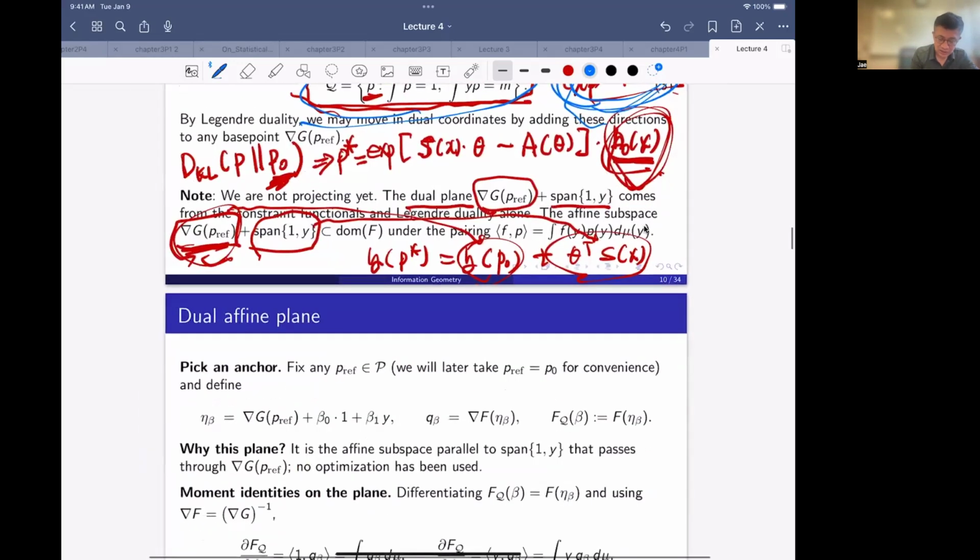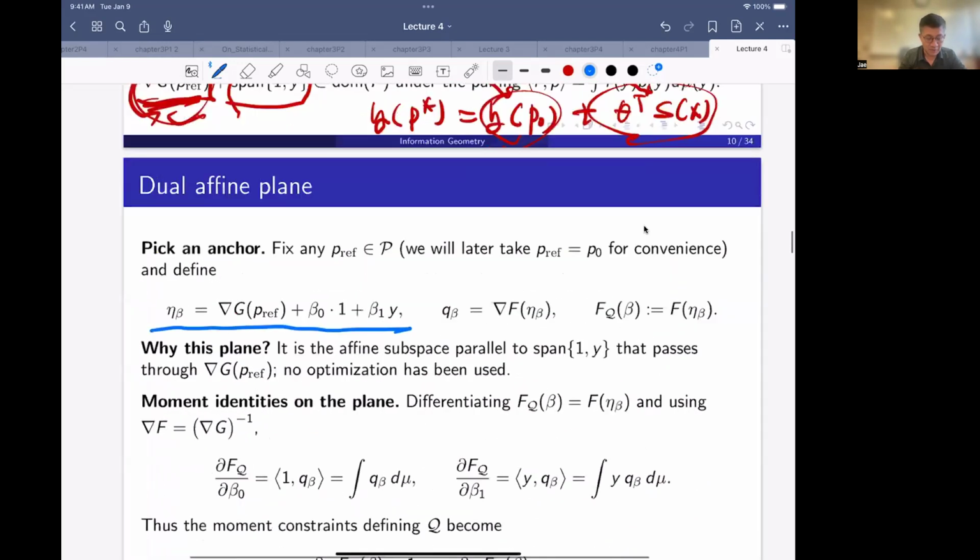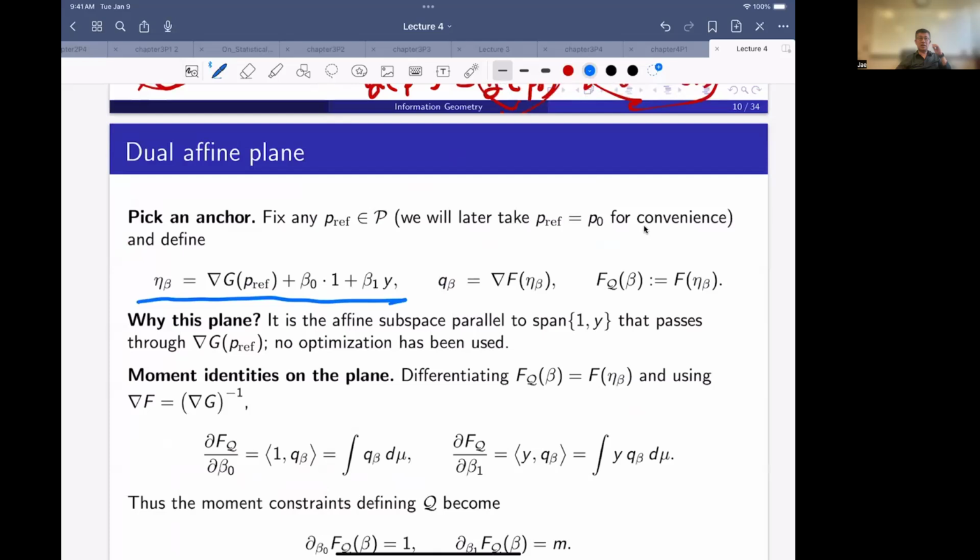So generally we'll have something like this. This is the dual affine plane, where this parameterization is nothing but the transformation derived from nebula G. You have a parameterization P here, you have a P origin point here, and you apply this nebula G, capital G, to obtain a dual coordinate system, which is eta.